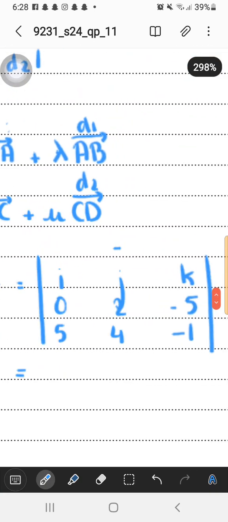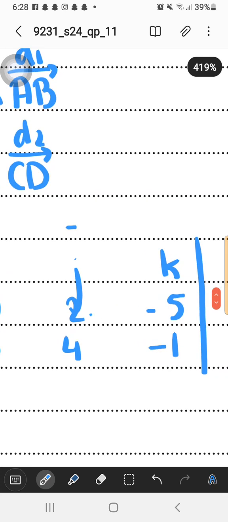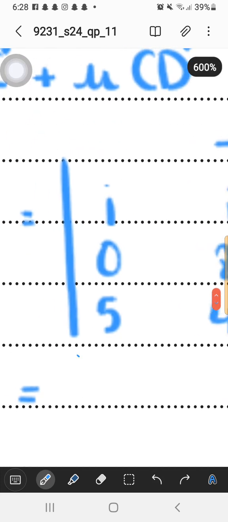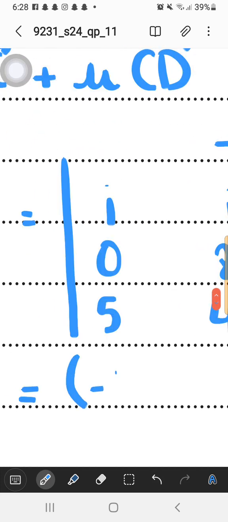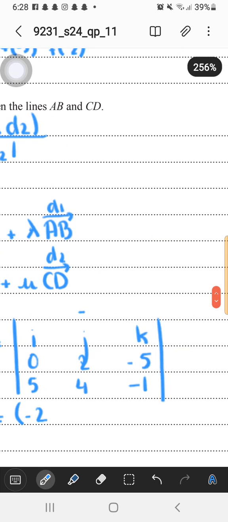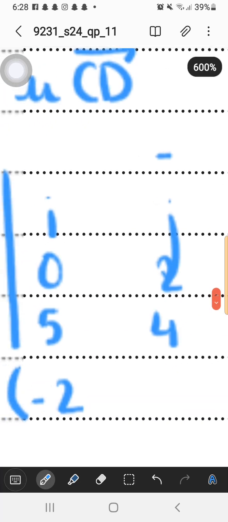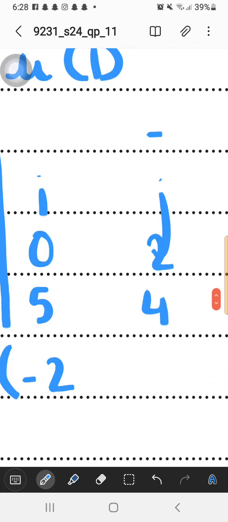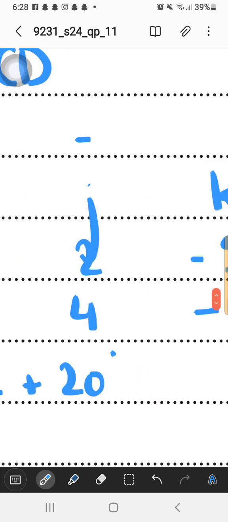Now do the cross product of the direction vectors. 2 multiplied by minus 1 becomes minus 2. Then 4 multiplied by minus 5 becomes minus 20. Then here will be minus, so it becomes positive, plus 20, i.